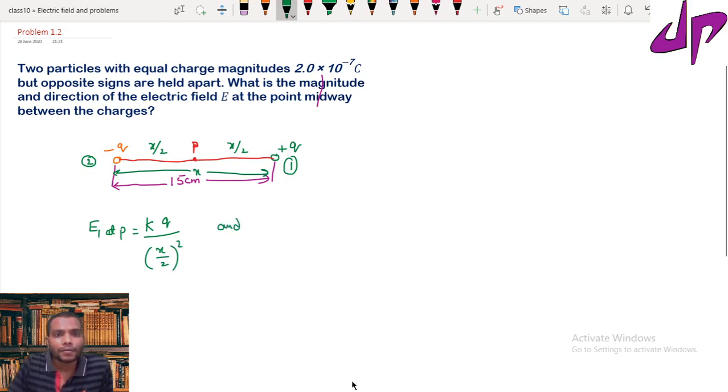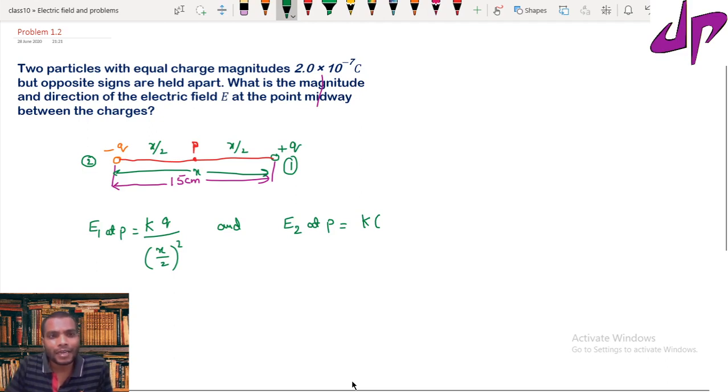And electric field at a point P due to second charge. So the electric field due to charge 2 at point P equal to K times, here the magnitude of the charge, since it's minus Q, remember carefully, minus gives about the direction, so I will drop the minus sign there.